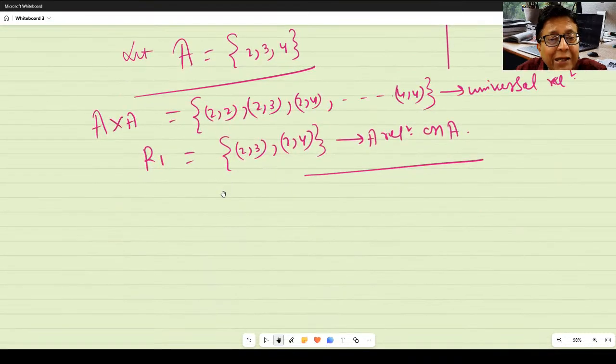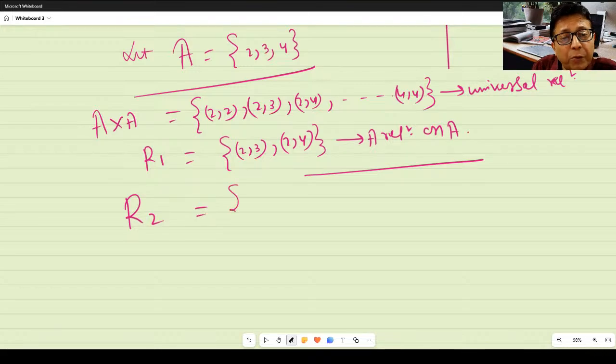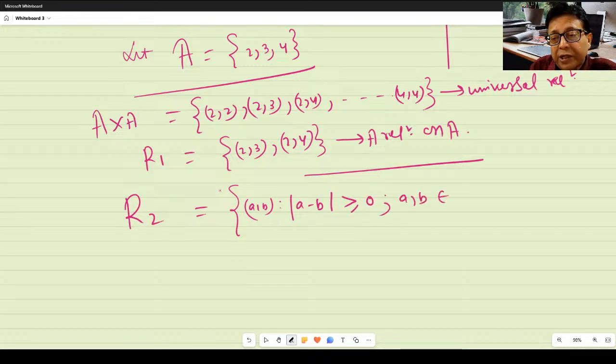Isn't it? I am defining another one here. That R2 equal to, I am writing in the form of ordered pair, (a, b) such that mod a minus b greater than or equal to 0, where a, b belong to A. Okay? Then what will you get over there? Mod a minus b, I am not saying greater than or equal to 0, strictly greater than 0. Then don't you see that R2 will be containing all these, actually equal to 0 also possible, because 2 minus 2 also there, 3 minus 3 there, 4 minus 4 there.